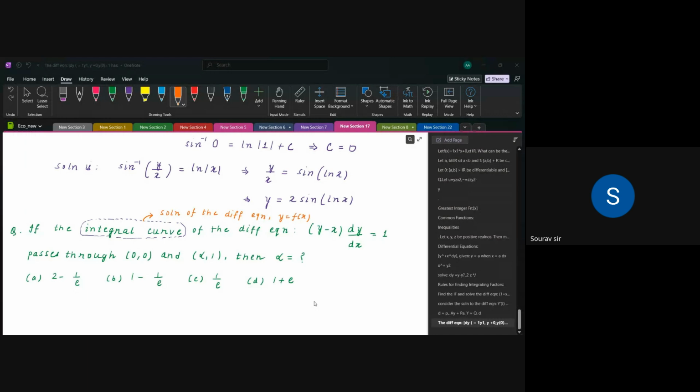Okay. So the next part is obviously to identify what type of differential equation this is, so that we can solve it accordingly. Can anyone tell me how this should be solved?